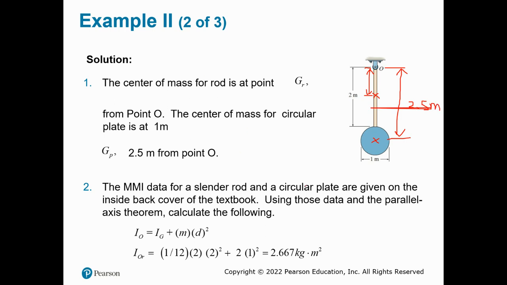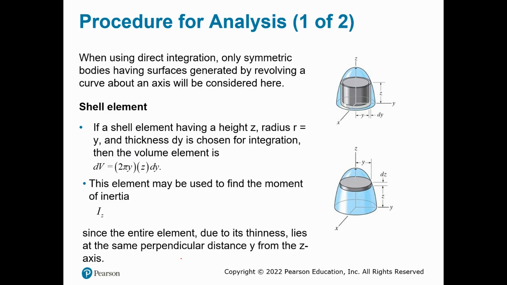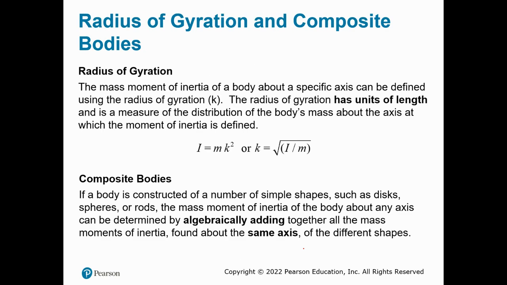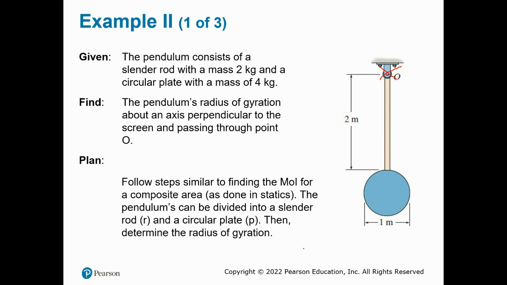Then, using the parallel axis theorem, I have IO equals IG plus md squared. Starting with the rod, if you forgot the equation, you can look at it as a thin plate, which is the diagram on the right over here. So you'll have 1/12 m b squared, and it's a very thin rod, so the b will be very small.